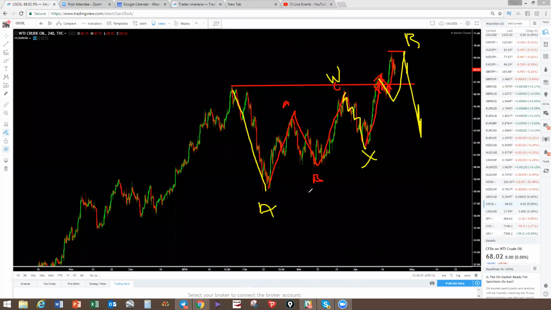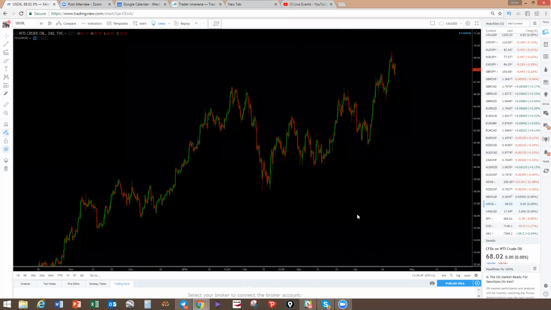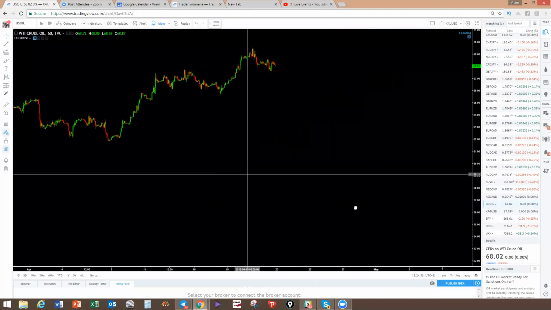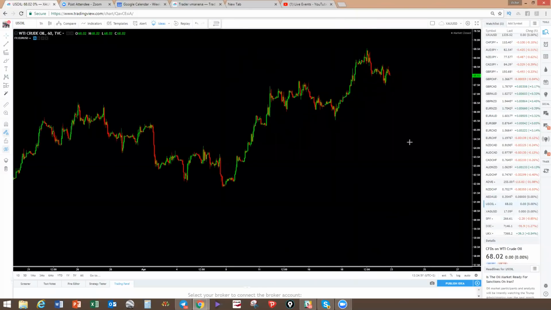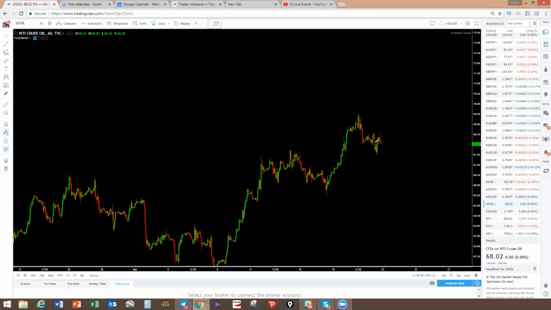And it does not have to come back and tag here, because if this is a running flat, it can reverse here. So let's see if we've got any indication of a reversal on the lower time frame on the 1 hour to confirm our bias. Right now there is no strong impulse for downside. So we've got a 3-wave pullback.